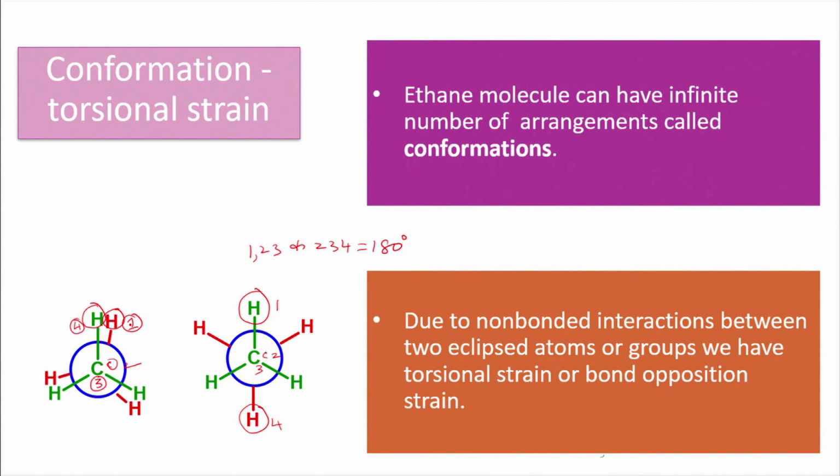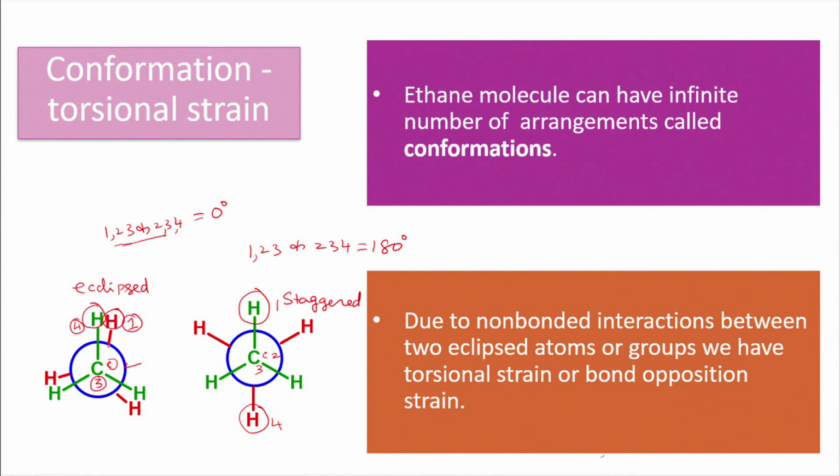Here again 1, 2, 3 is one plane and we have 2, 3, 4 as another plane. The dihedral angle between these two planes is equal to 0 degree. In other words, this is called the eclipsed conformation, and the other is a staggered conformation. Due to rotation, the ethane molecule can move from the eclipsed conformation to the staggered conformation.